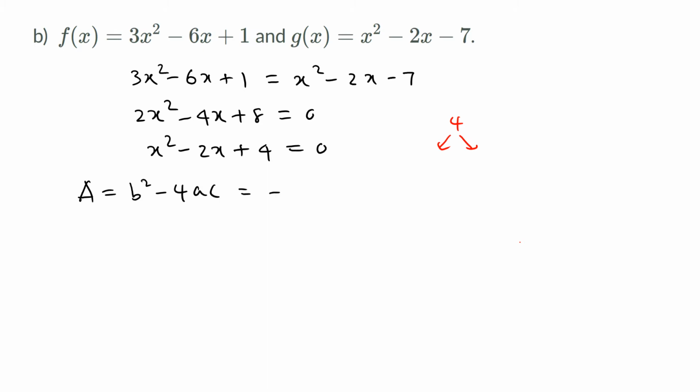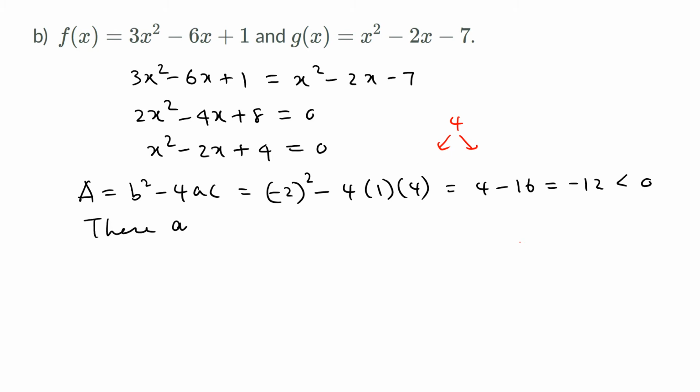So b² means (−2)² minus 4 times a is 1, c is 4. You get 4 − 16, which is −12, which is a negative number. What does that mean? There are no real solutions.